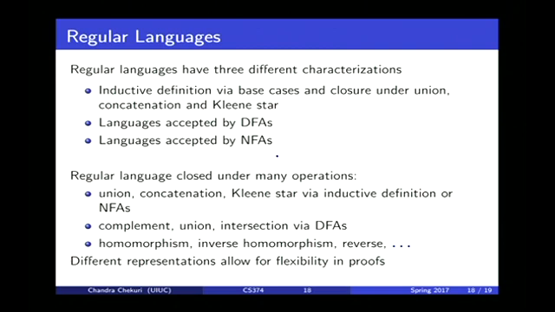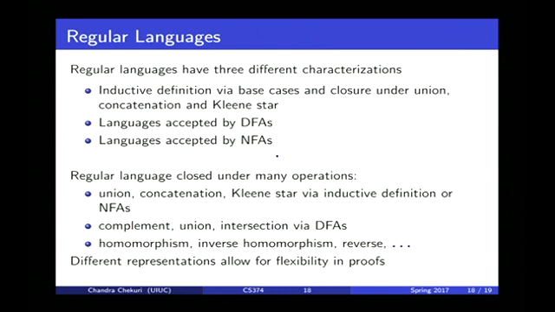So mathematically, one thing to note here is that different representations allow us to prove different things nicely. These are different characterizations of the same object, the set of regular languages. They're the same as the set accepted by DFAs, and the same as the set accepted by NFAs. This helps us prove different things.